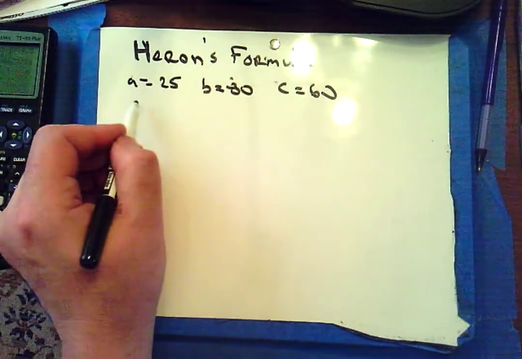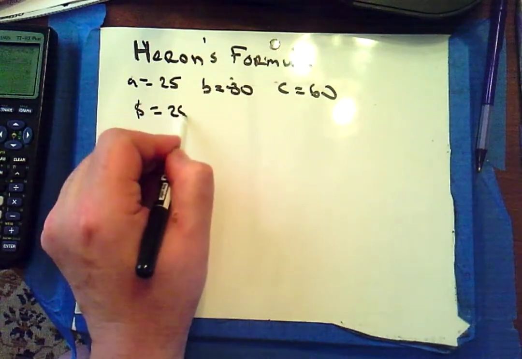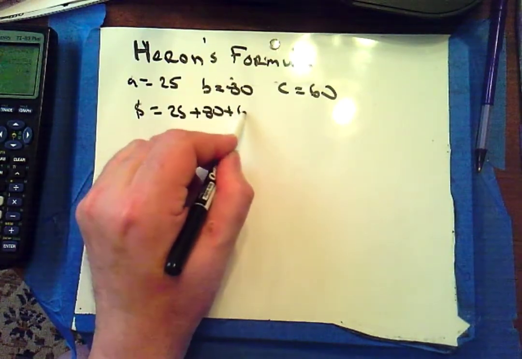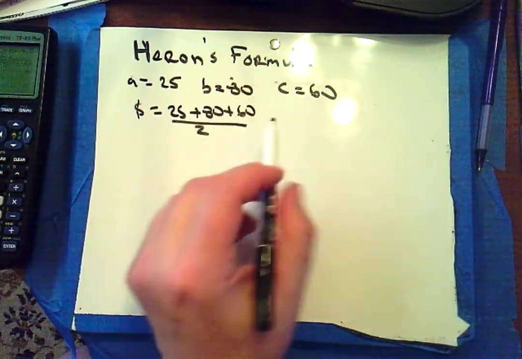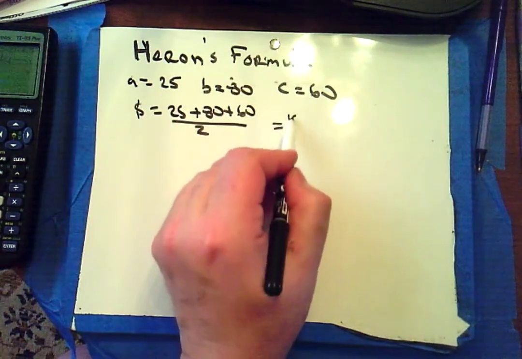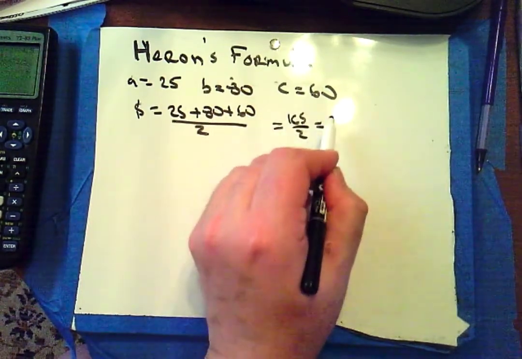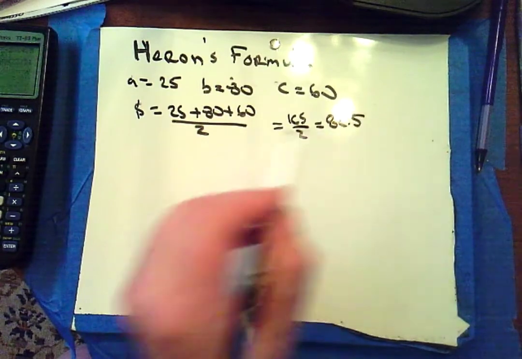So the semi-perimeter is 25 plus 80 plus 60 over 2, which is 165 over 2, or 82.5.